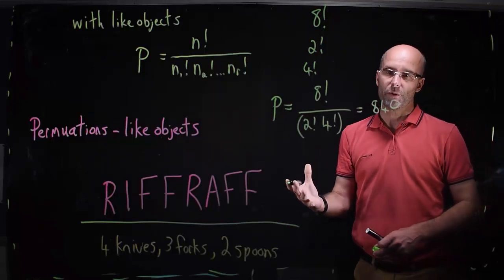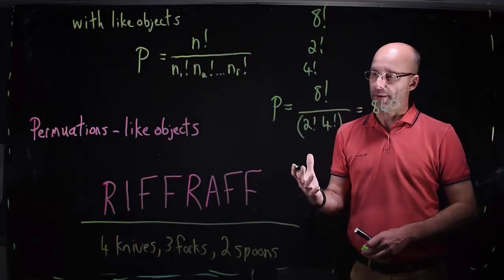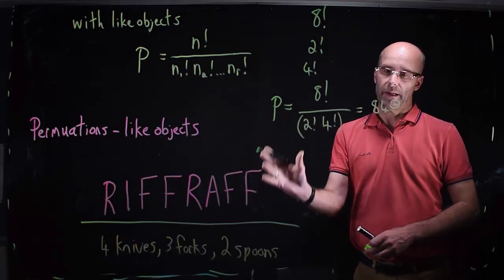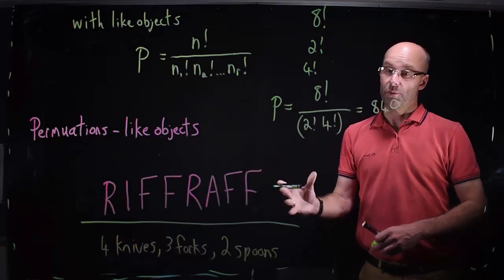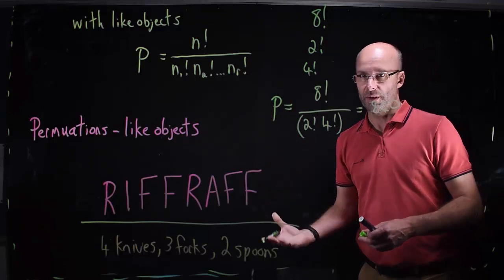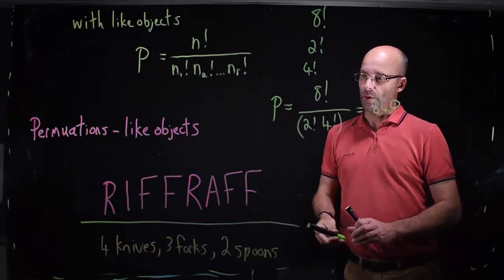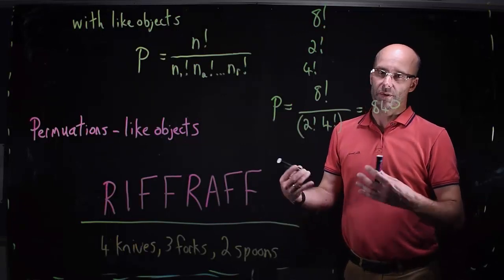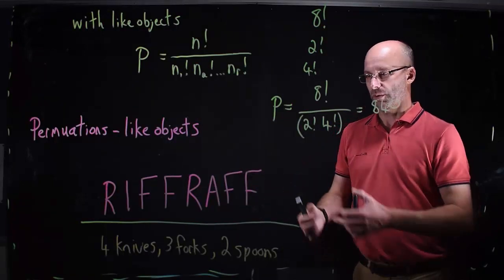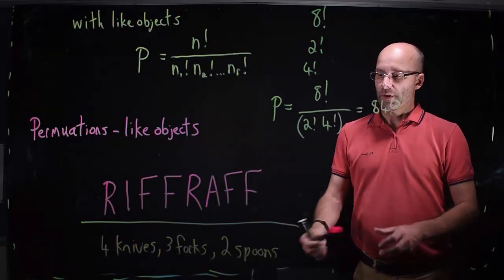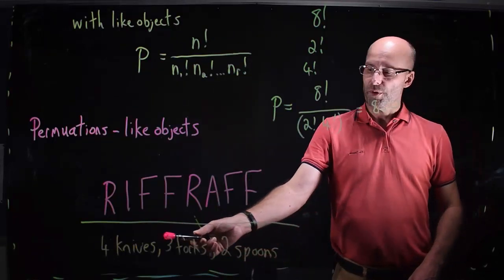So there are 840 permutations of riffraff if F and R are not distinct, which in regular usage then they certainly are not distinct. They are all the same. So swapping the F's, swapping the R's and so on does not create a unique or a different permutation necessarily.